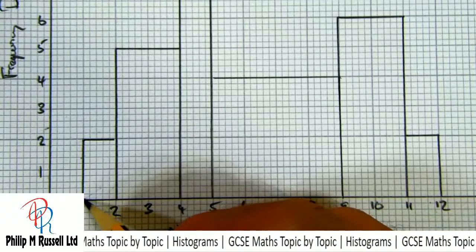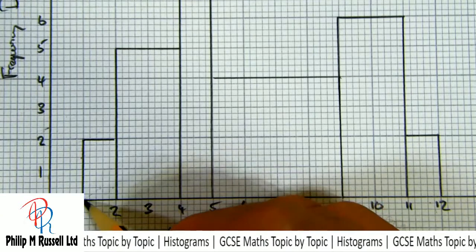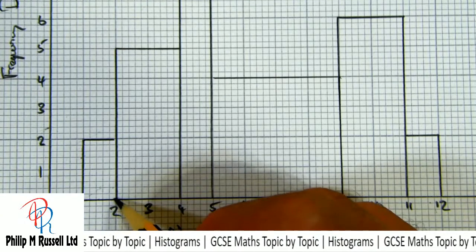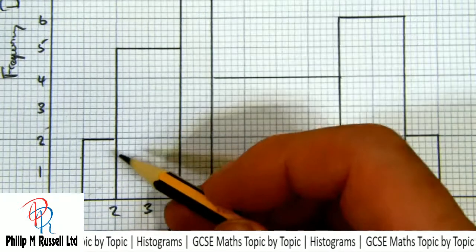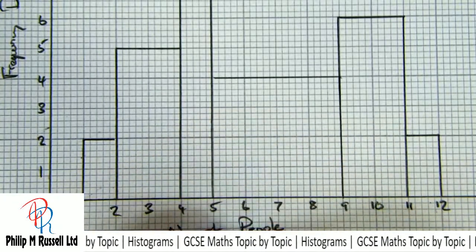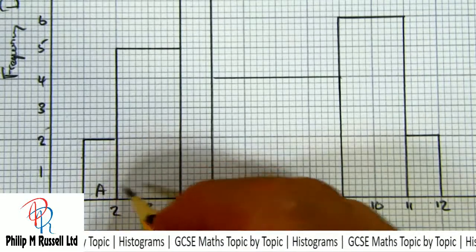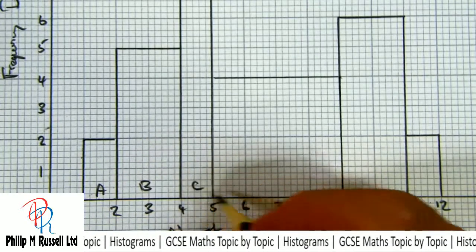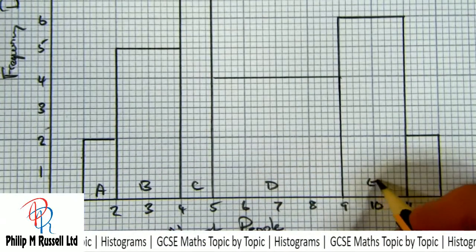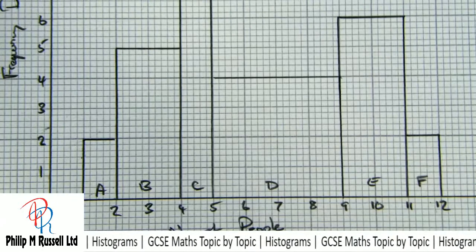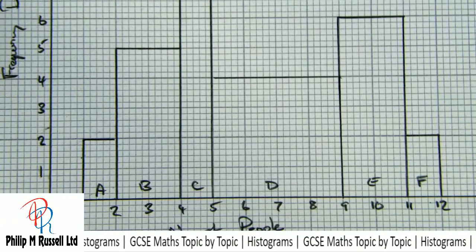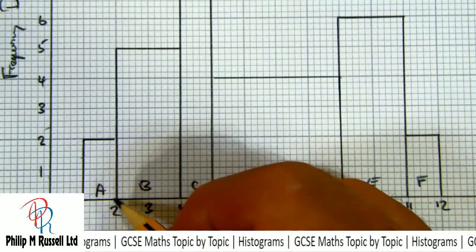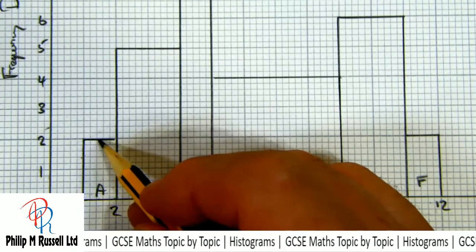Let's see if we can work out what we've got. So this one here is, I've got 5 squares by 2. So this one here, I'm going to give some labels: A, B, C, D, E and F. So let's see what we can say about A. It's going to be 5 across and 2 up.